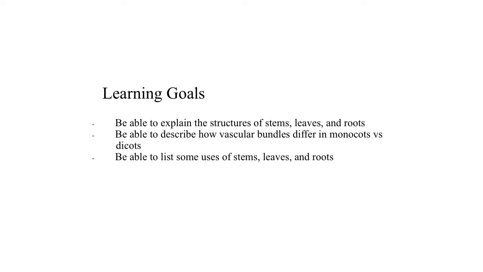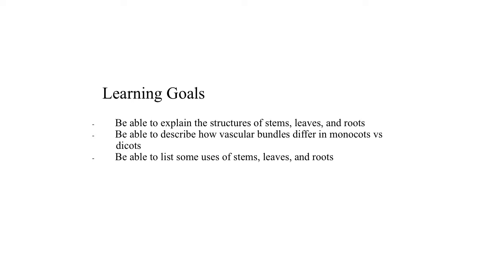You also need to be able to describe how vascular bundles differ in monocots versus dicots in stems and roots. And remember, those vascular bundles are, vasculature is comparable to the circulatory system of humans. So these vascular tissues are going to be carrying water and nutrients.